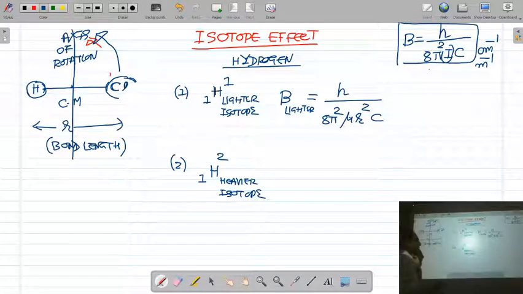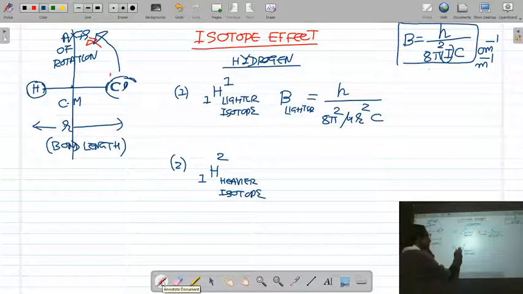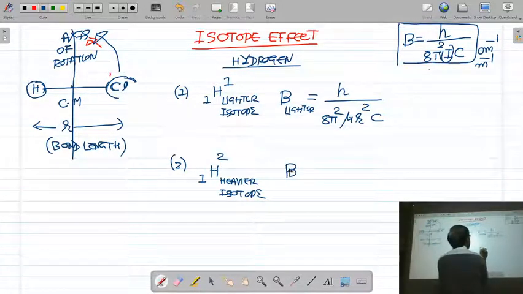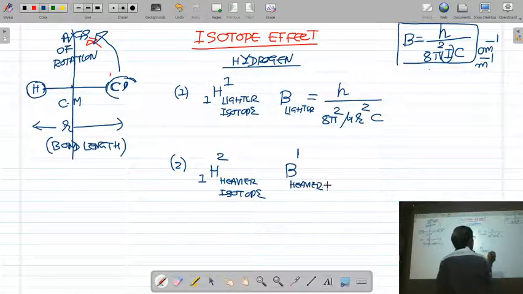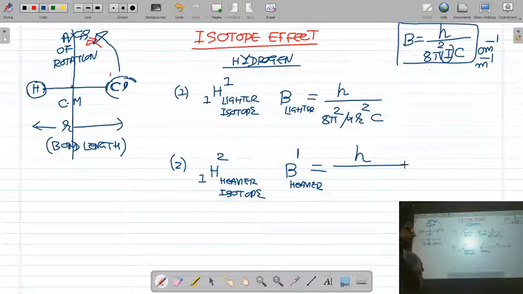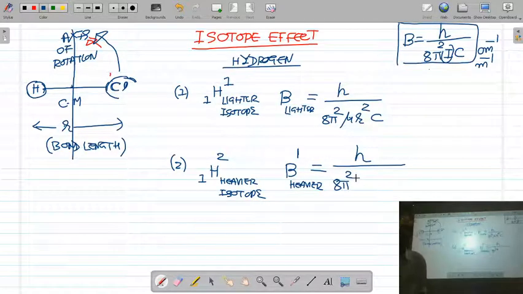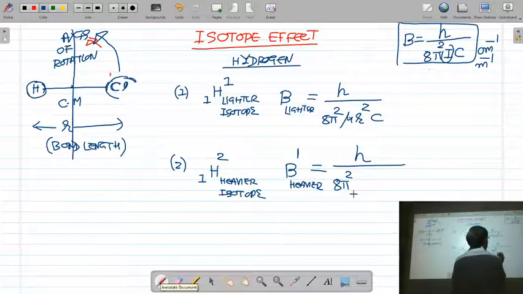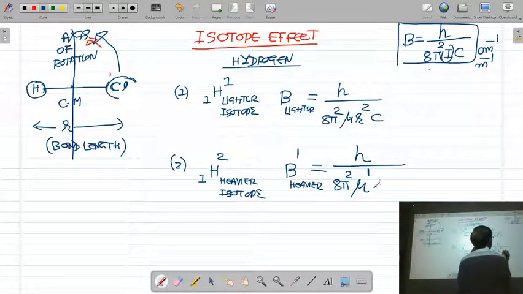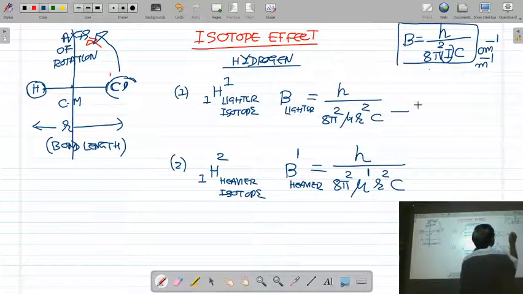Similarly, I write the rotational constant for the heavier isotope, that is B dash. h will remain the same, the Planck constant is the same for both isotopes, and 8 pi square is a constant term. But mu is going to be different for 1H1 and 1H2, so I write mu dash here, r square c.